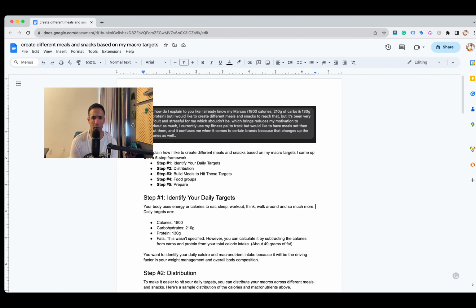I currently am using MyFitnessPal, but I would like to have meals set, then input them, and it confuses me when it changes up calories as well.